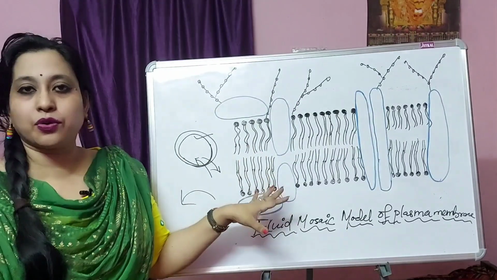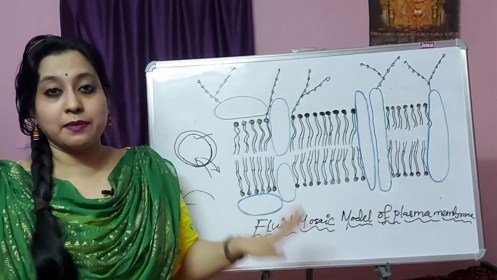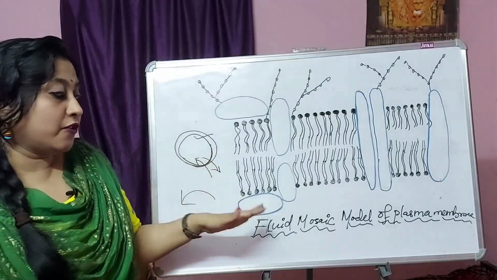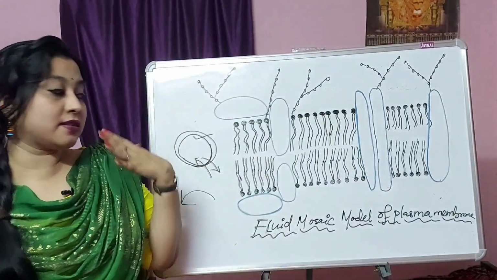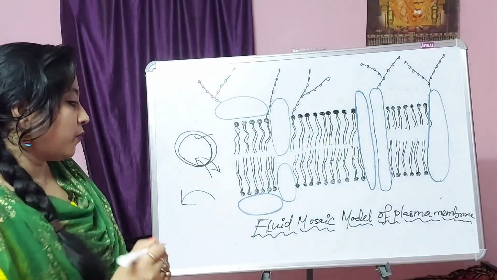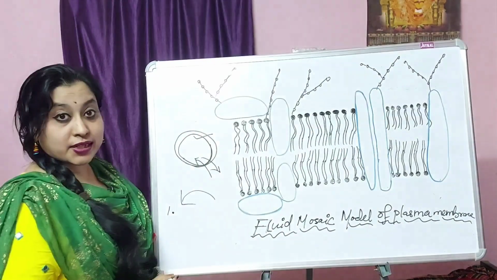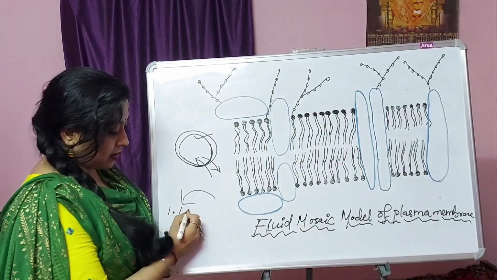In this video, I am going to explain the fluid mosaic model of the plasma membrane. Before that, let me tell you about the composition of the plasma membrane. What is the composition of the plasma membrane? The first component is lipid.